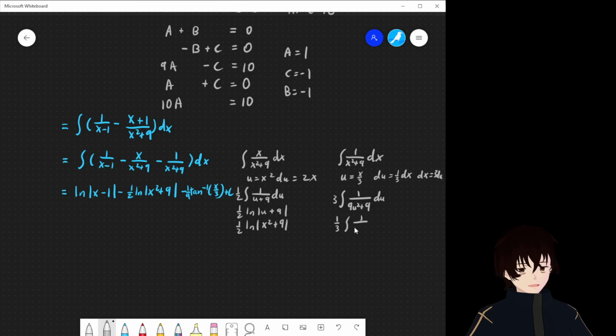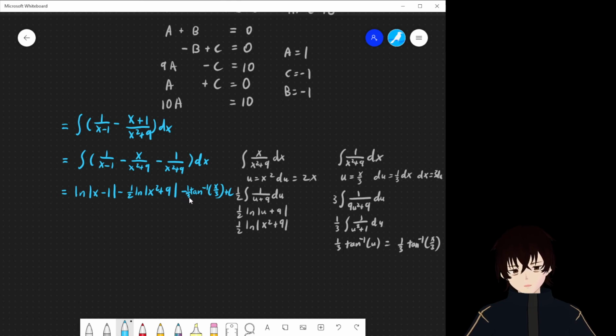And the integral of 1 over u squared plus 1 du is equal to 1/3 tangent of u, no, arctangent of u. I see, and that's just 1/3 arctangent of x over 3. That makes sense. We just gotta carefully erase this little portion, replace our 9 with this 3, and that is right.